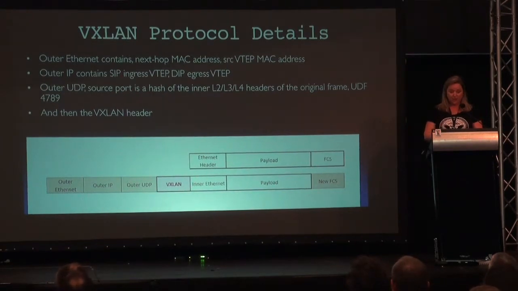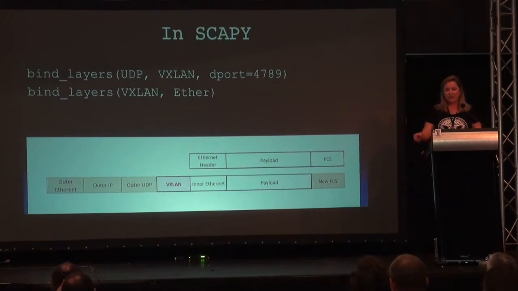And then there's the UDP header, which has a destination port of 4789, and then there's a VXLAN header, and then the rest of that is the actual frame that you're sending. So in Scapy, you can bind layers, and this just means that when you're using it later, it will populate 4789 as the UDP destination port, which comes before VXLAN, and then after VXLAN, there's always an Ethernet field.